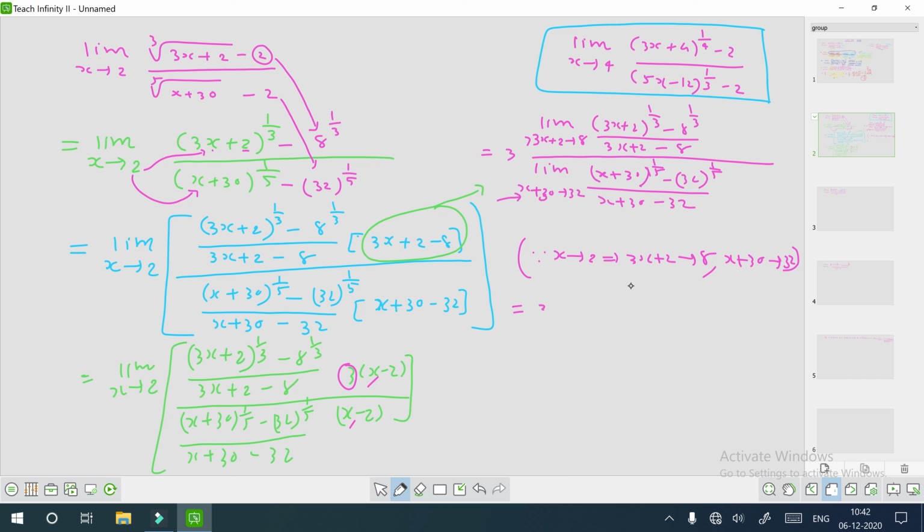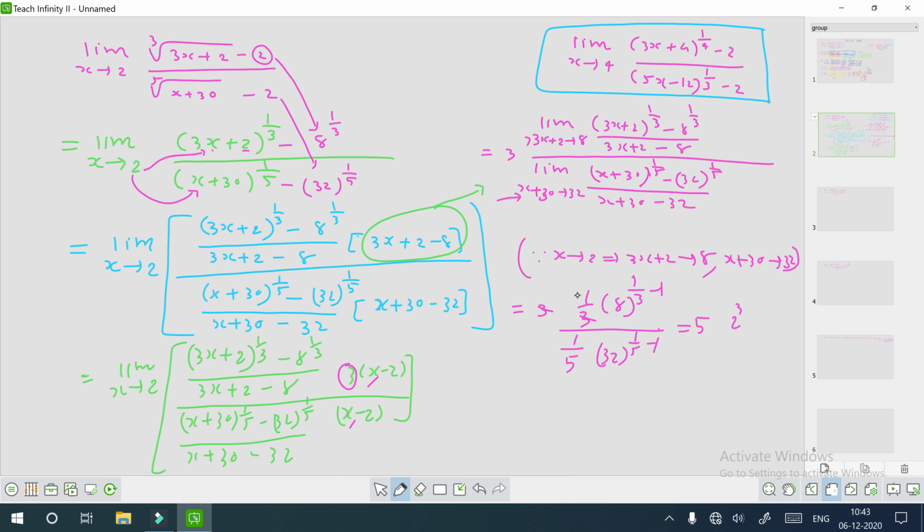So that is equal to 3 as it is, 1 by 3, 8 raised to 1 by 3 minus 1. In the denominator quantity, 1 by 5, 32 raised to 1 by 5 minus 1, yes. And that is equal to, this 3 gets cancelled, 5 goes in the numerator, 5.